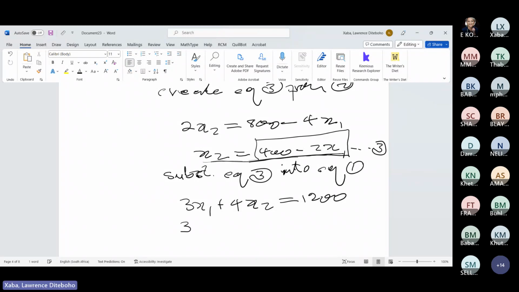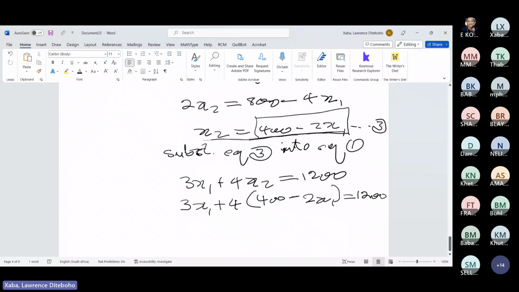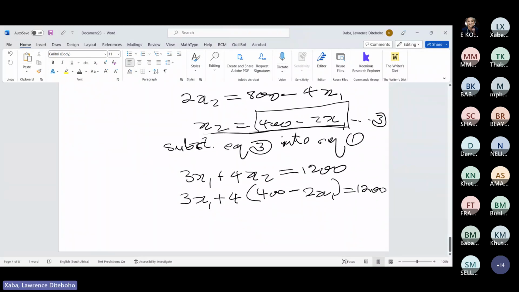We have 3x1 plus 4 open brackets, and instead of writing x2, we say 400 minus 2x1, close brackets, equals 1,200. Now we simplify: 3x1 plus 1,600 minus 8x1 equals 1,200. So what do we do from here?